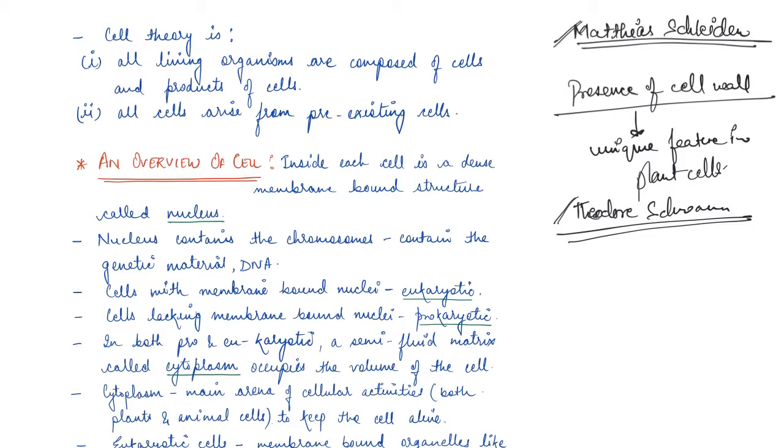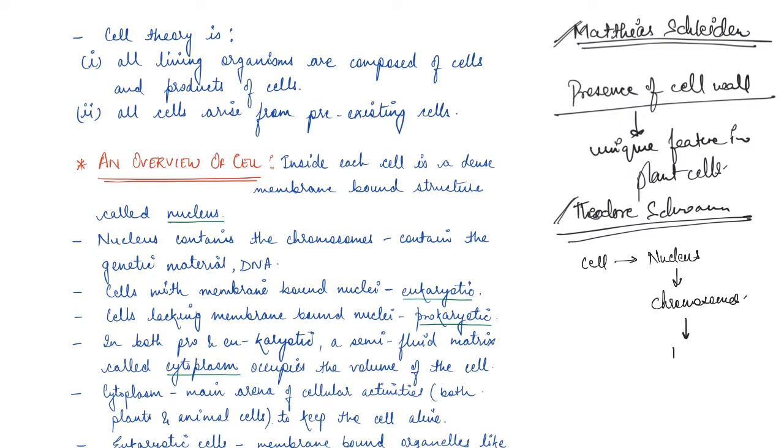There you see a very, very thin membrane, and then a very dense membrane-bound structure, which is known as the nucleus, right? Inside each cell there is a dense membrane-bound structure known as the nucleus, and this nucleus contains the chromosomes. We have studied previously that these chromosomes contain the genetic material, which is the DNA, right? So the cell has a nucleus, and the nucleus has chromosomes.